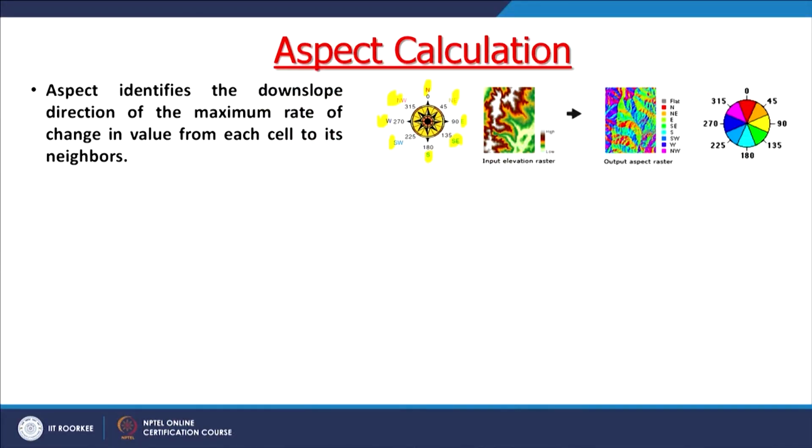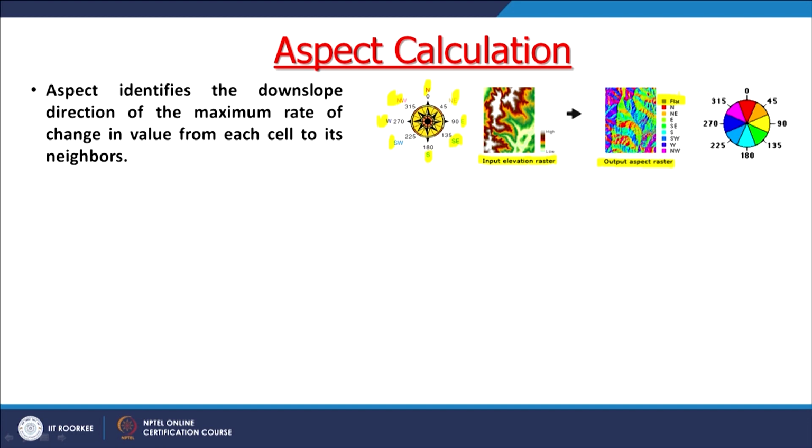Here in this example, which you have also seen earlier, this is our input image and this is the output raster. Here you would find that there are all 8 directions including one for flat, the top one, because flat indicates that there is no slope in the surrounding.